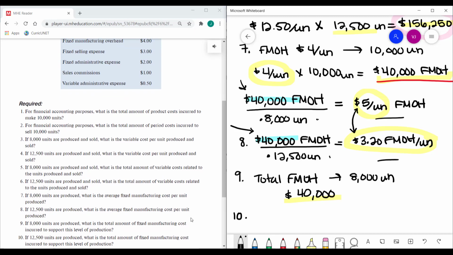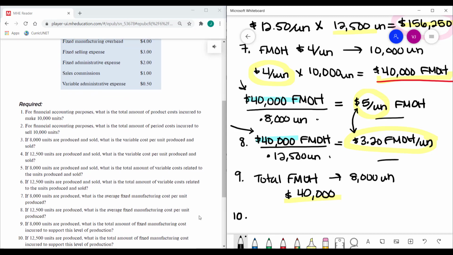What about number 10? If 12,500 units are produced, what is the total amount of fixed manufacturing cost incurred to support this level of production? I think you know this answer, right? What's the total fixed overhead when we produce 12,500 units?